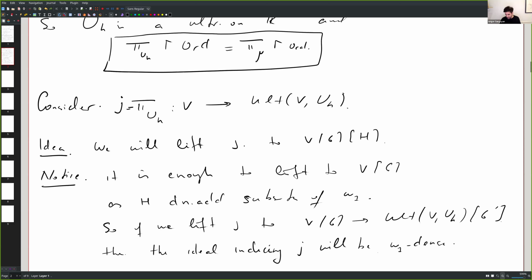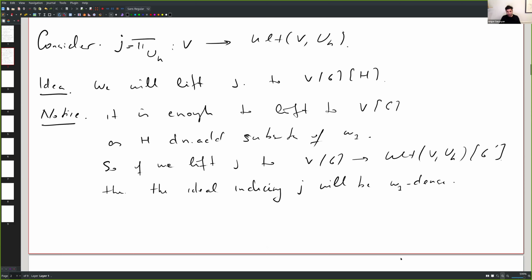But if it's an omega 1 dense ideal, it will be precipitous after H. So I don't have to prove it: it will remain an omega 1 dense ideal after forcing with H, since H does not add new subsets of omega 1. Okay. So this is the point.